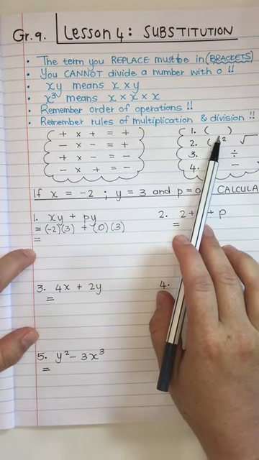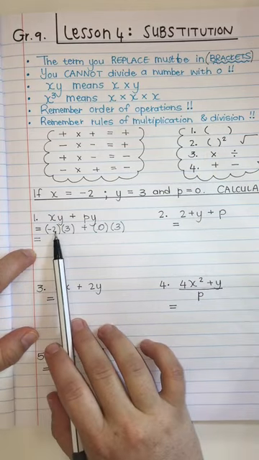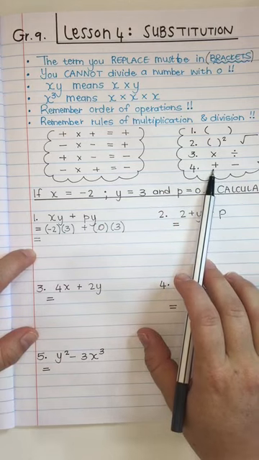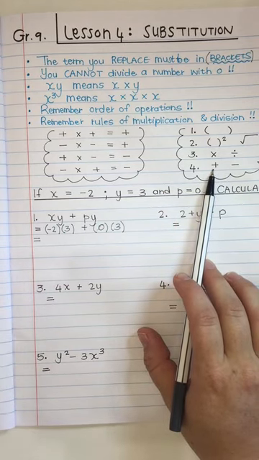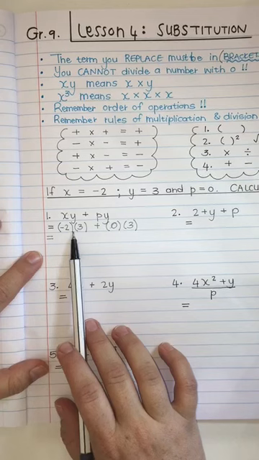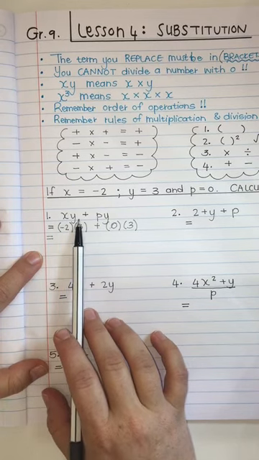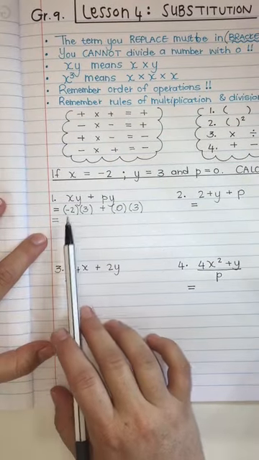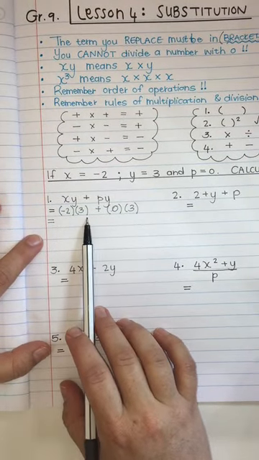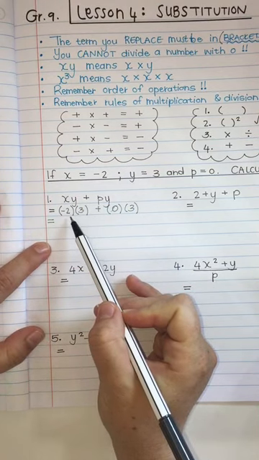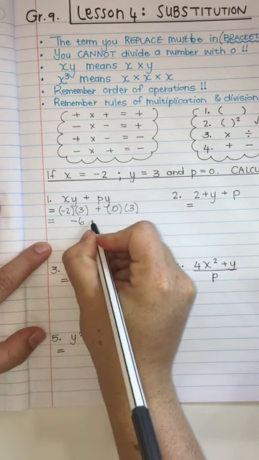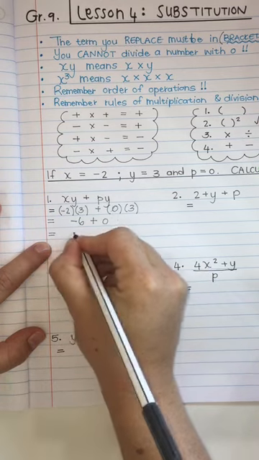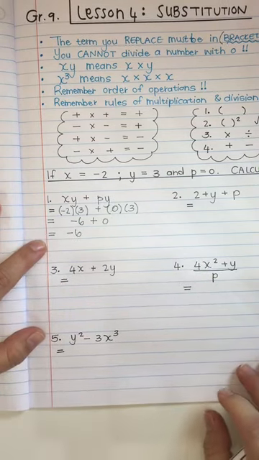You first do the brackets, which means you multiply these, and then you do your adding. Remember, xy means x times y. So this means negative 2 times 3. Negative 2 times 3 is negative 6, plus 0 times 3 is 0. So this answer is negative 6.